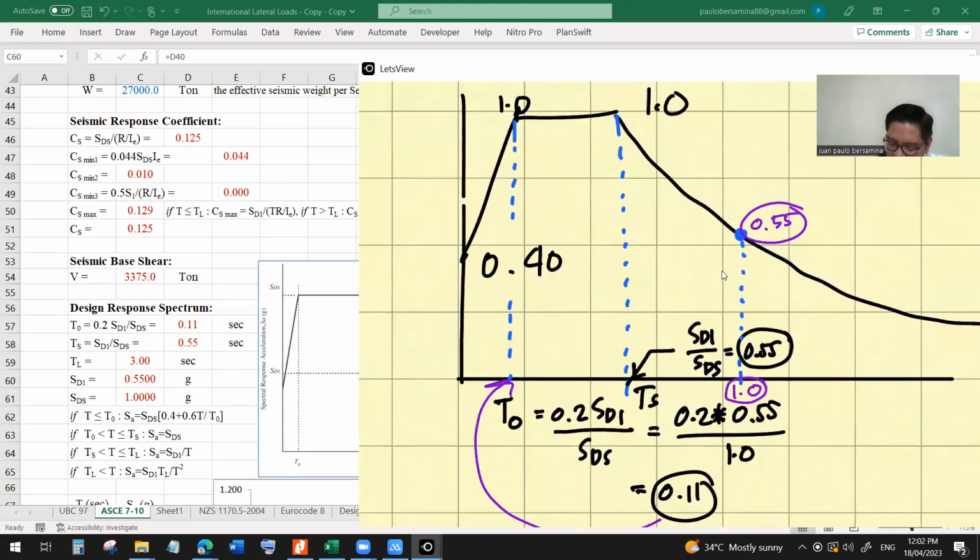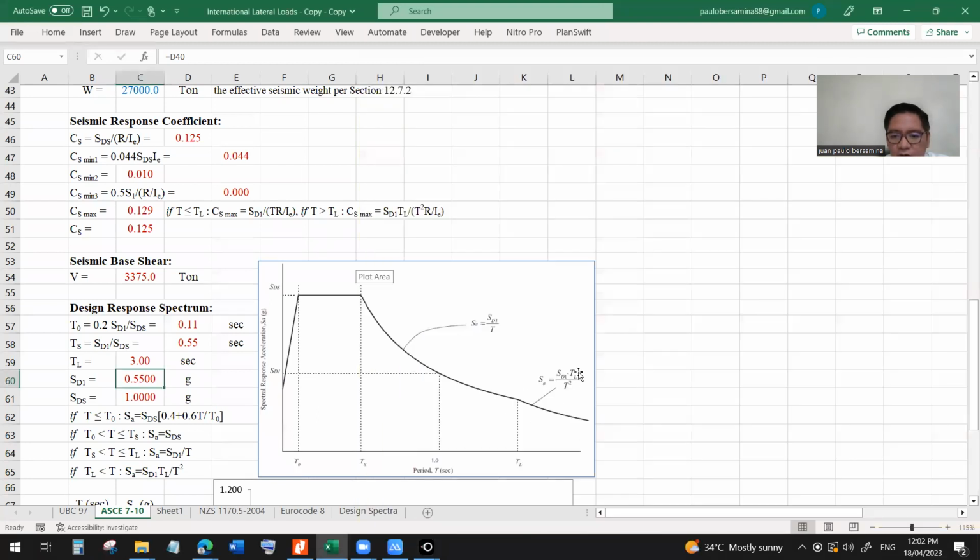Tapos yung T sub L natin ay 3 seconds. Kaya ang formula naman nun ay SD1 TL over T squared. At T sub L for 3 seconds, kahit tansyahin nyo na lang ito.